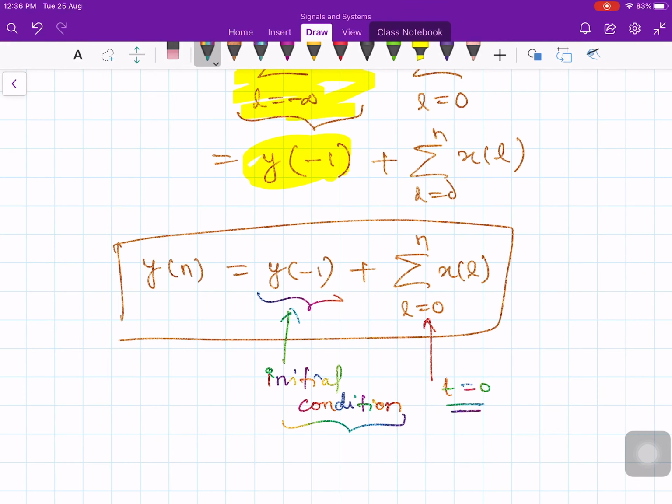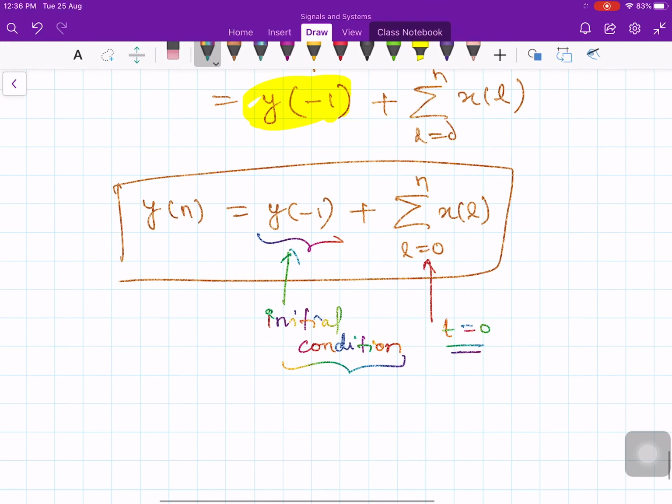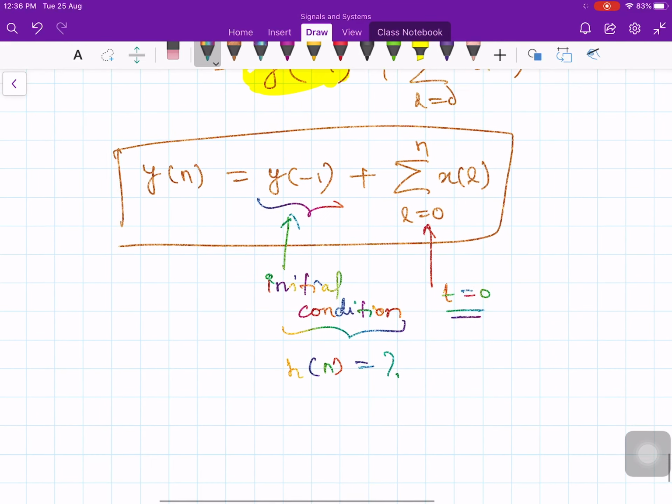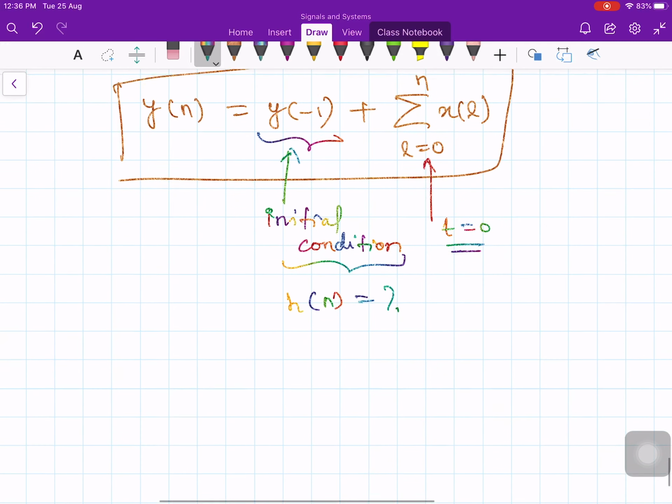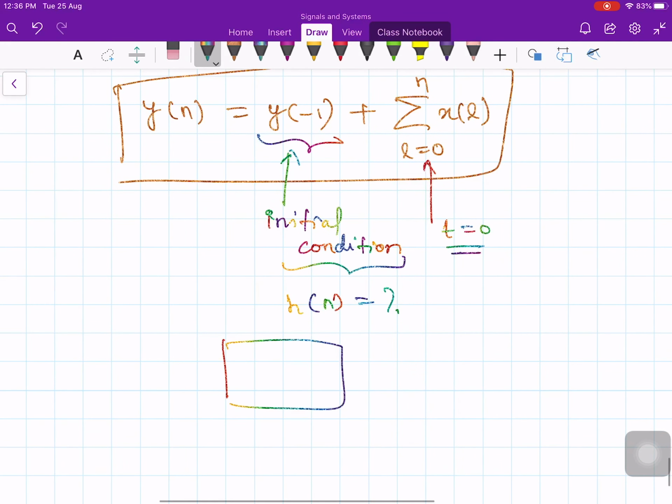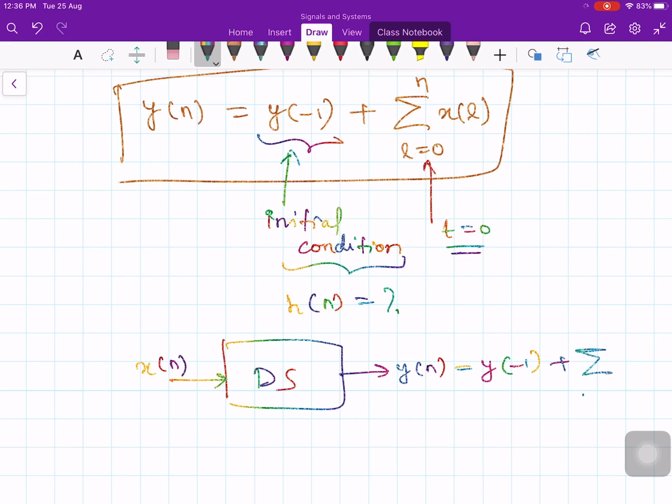Now for this system, let us find out what h of n is. You take a discrete time system, and if the input is x of n, the output is y of n. What is y of n? It is y of minus 1 plus sigma L equals 0 to n, x of L.